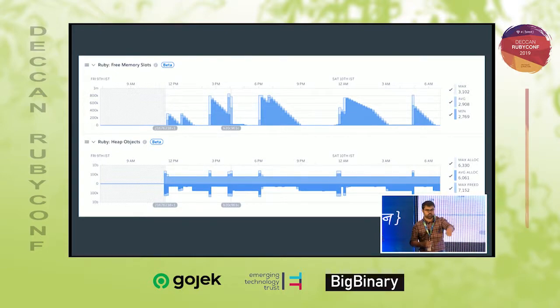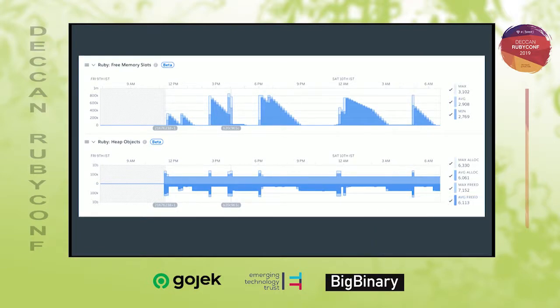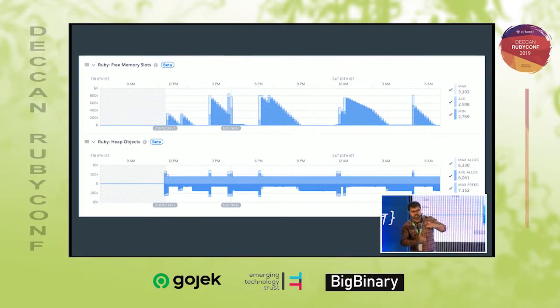Whenever you see those spikes up there, that means there are a lot of objects, sometimes in millions. Whenever that happens, you can see the Ruby free memory slots spike go up, and then all those slots are used, and then the request has completed. All those objects are garbage collected in one of the garbage collection processes, but the memory is not freed, and that's why you see those spikes.